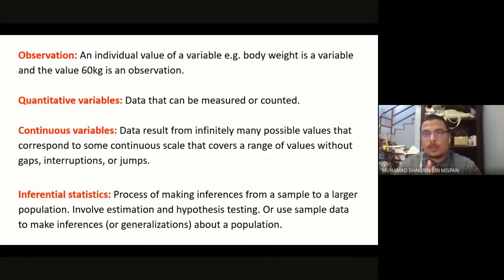Another one is what we call inferential statistics. This is a process of making inferences from a sample to a larger population. So we want to make assumptions, so we need to do sampling, and we want to do estimation. This is what you call inferential statistics. Basically, we gather data from a small sample to make inference for the larger population, so we make a generalization in a way.